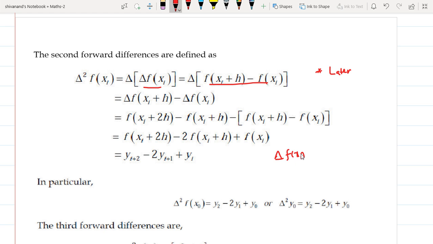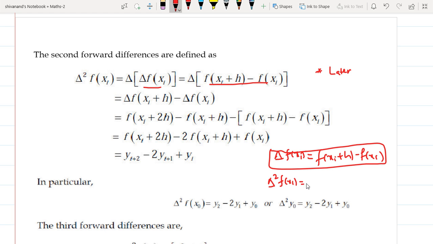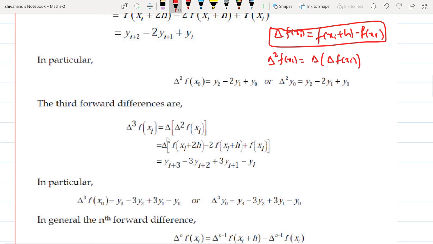That means delta of delta, already we know what delta f of xi is, that is f of xi plus h minus f of xi. So we are going to repeatedly use this definition. If you want to calculate delta square f of xi, you just need to apply the forward difference operator twice, then we are going to get the second order.